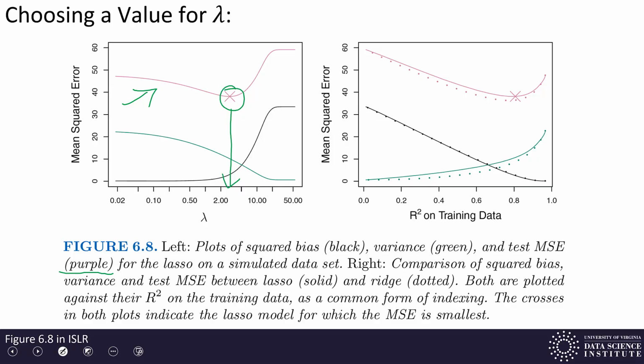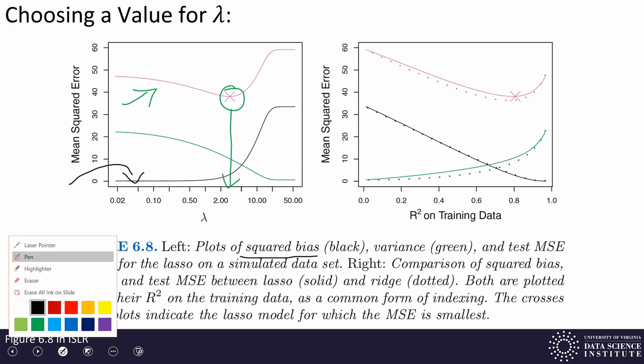Since this is artificially created data, there's one nice thing that we'll point out here. There's a black curve. The black curve is squared bias, and so that's error that's coming about because of the bias in the model.